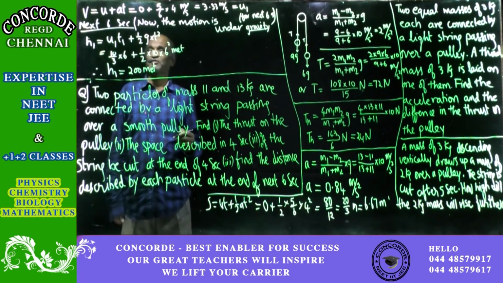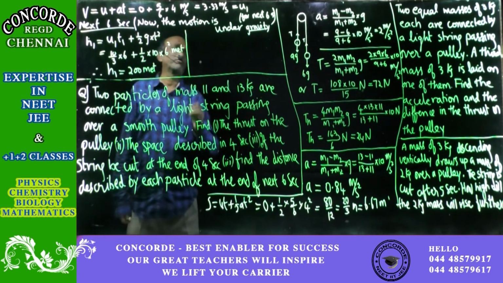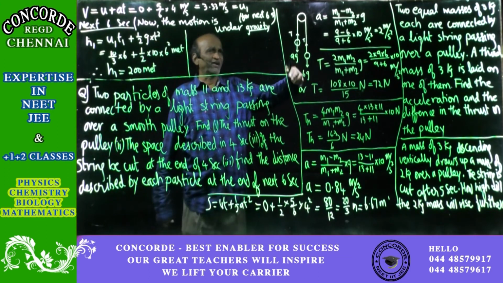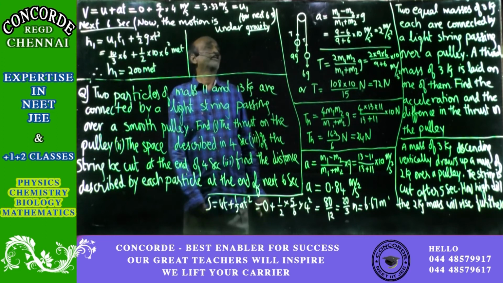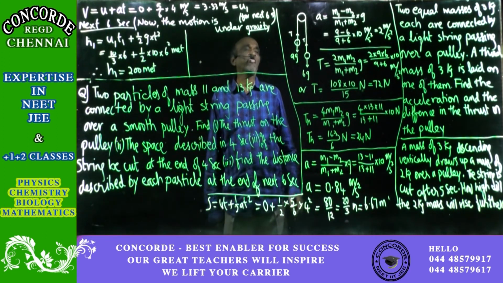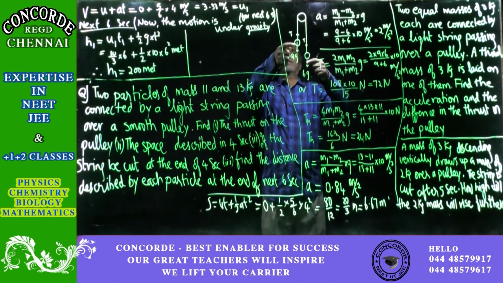So the first calculation was quite okay. And this is the distance covered by the body whose mass is 9 kg. After it is already moving down, when the string is cut, it will only move down. But not in the case of the 6 kg mass. Because it is lighter, it is now moving up.